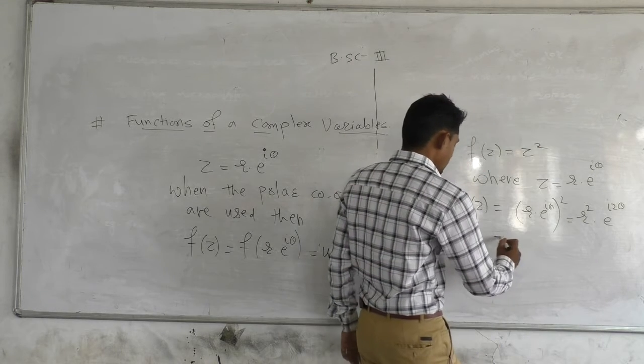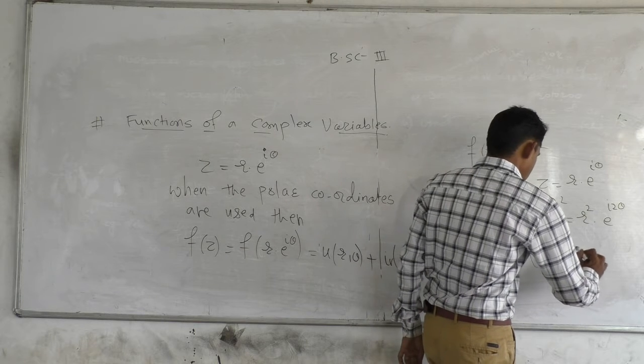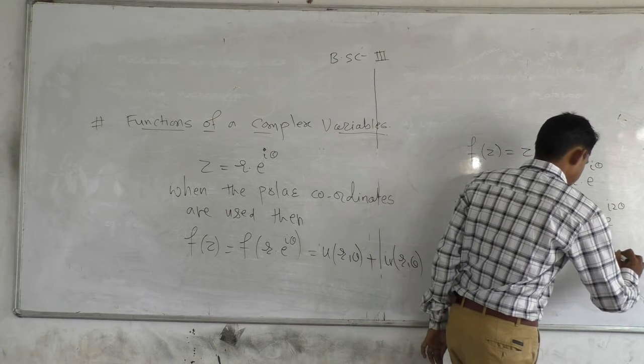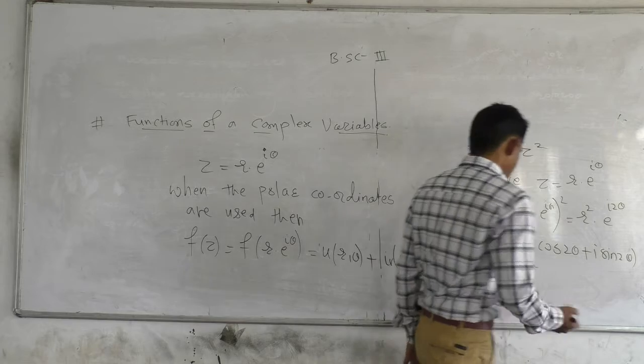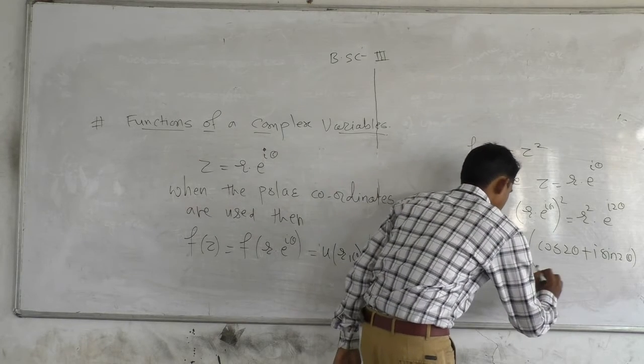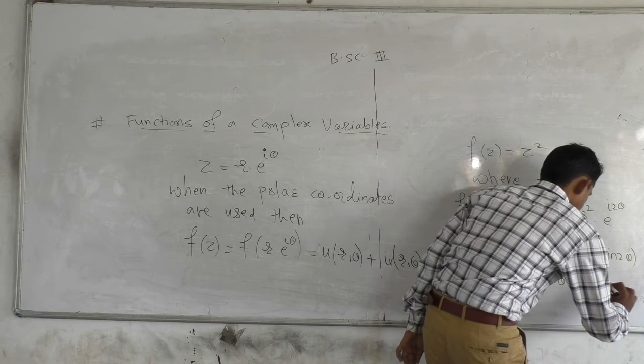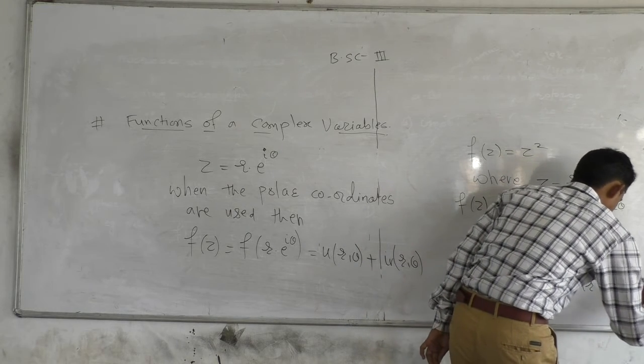It can also be written as r squared times cos 2 theta plus i sin 2 theta, that is, r squared cos 2 theta plus i r squared sin 2 theta.